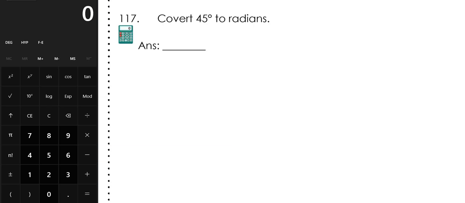Number 117. Convert 45 degrees to radians. Okay, so we're doing a conversion from degrees to radians. This is the conversion rule when you want to convert between degrees and radians. You're going to take your degree measure. Oh, let's go back, fix that. Take your degree measure. You're going to multiply it by pi over 180.